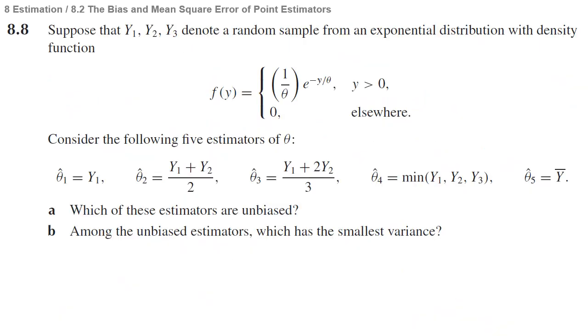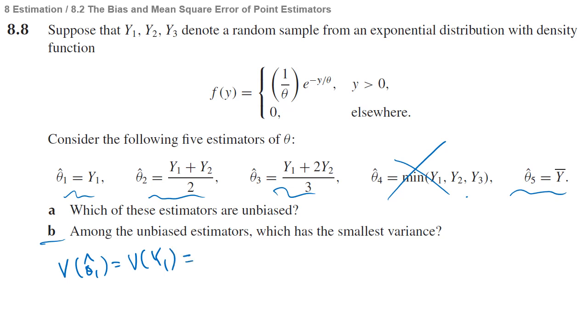Now let's move to question B. Among the unbiased estimators, which has the smallest variance? We proved that this one is a biased estimator, and these are unbiased estimators. And so we want to find the one that has the smallest variance. So the variance of theta 1 hat is the variance of Y1, and this is theta squared. When we have an exponential distribution, the variance is theta squared. And what about the variance of theta 2 hat?